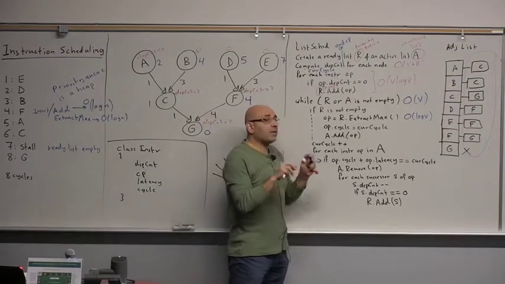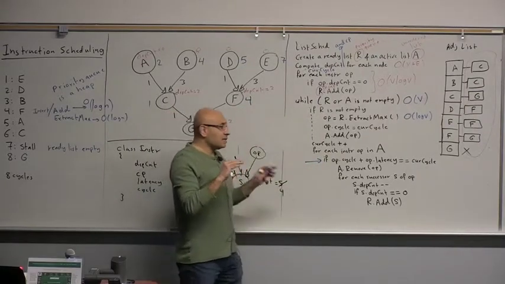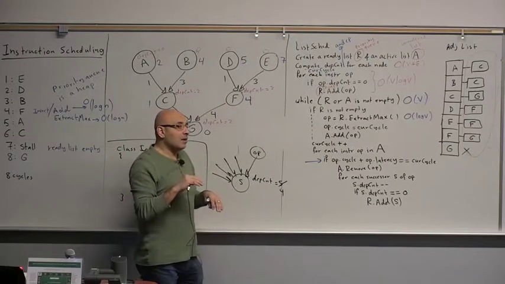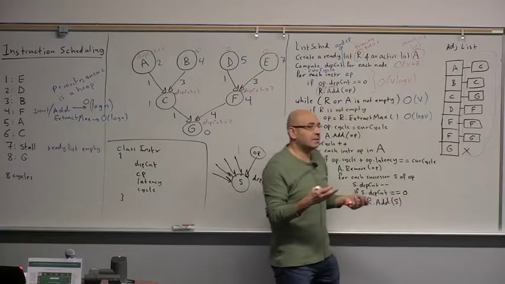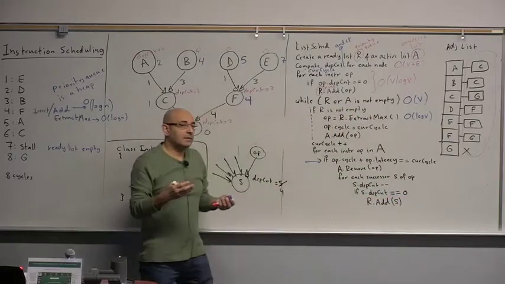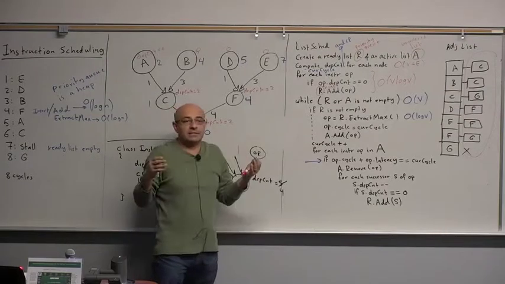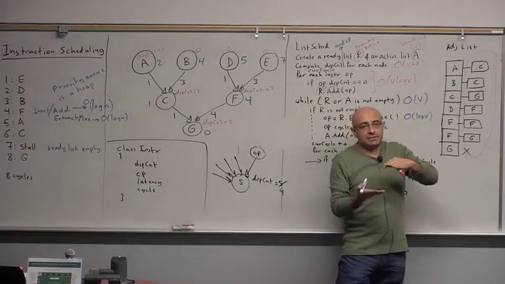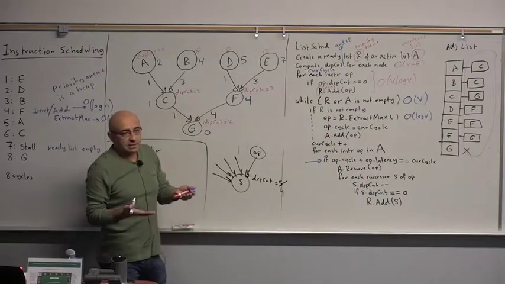The question is, for any given instruction that will be in the active list at some point, for how many cycles will it stay in the active list? It depends on the latency of that instruction.